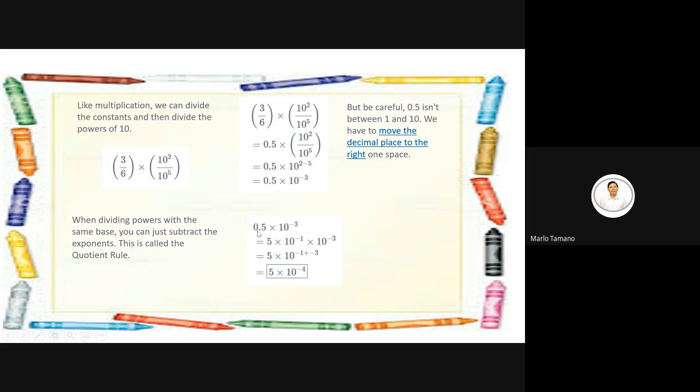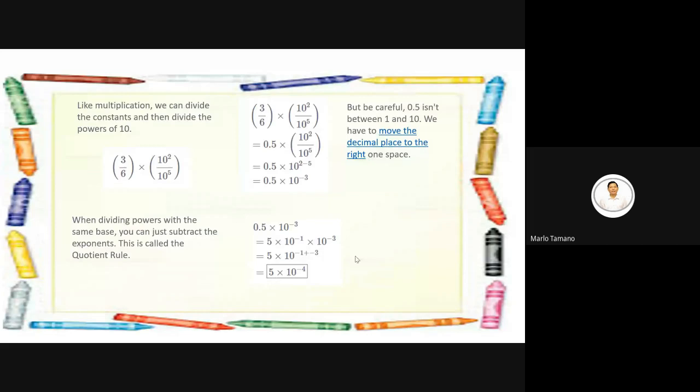Nakita niyo yung 0.5, minove natin yung decimal point papunta sa right, one place only. So yung 5 or 5.0 ay whole number na po, yung 5. Ibig sabihin, equal na po yung 5 and 5.0.